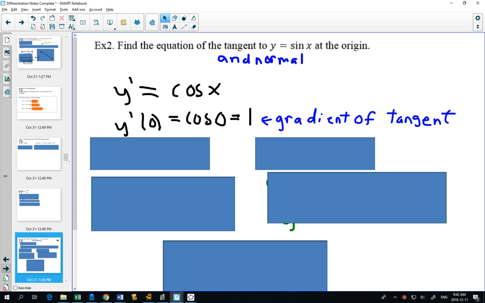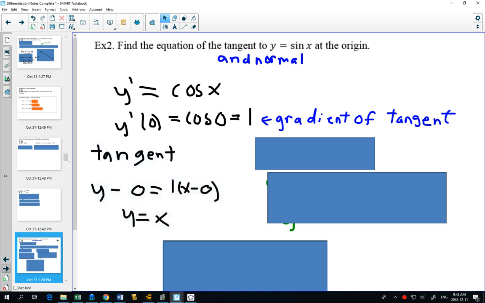So now that we know our point and our slope, we can find our tangent, and our tangent line just becomes y equals x.